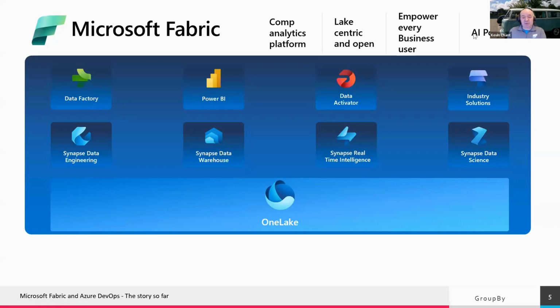Potentially, preferably, I should say, in the same format. There are some exceptions to this. For example, in real-time intelligence, you actually save to a KQL database first. So it empowers every business user because you can use tools that are familiar to you to work with Fabric. For example, Power BI Desktop, which I show in this session.